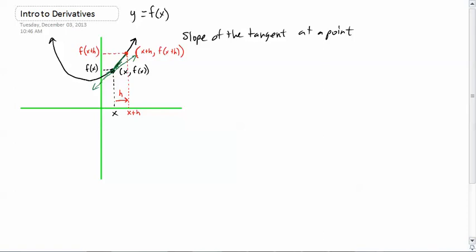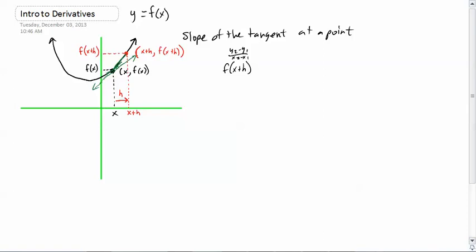We're going to bring this red point in as close as we can. Well, how do we do that? We make h really, really small. So first, let's write an equation for the slope from the black point to the red point. This is y2 minus y1 over x2 minus x1.